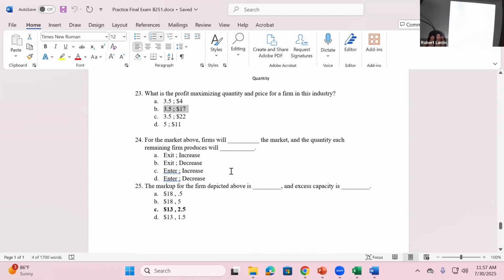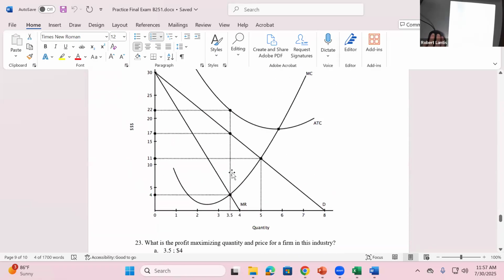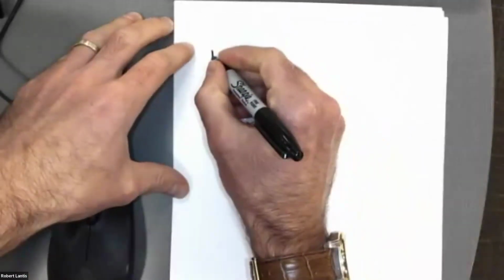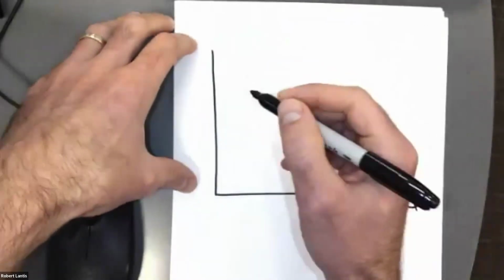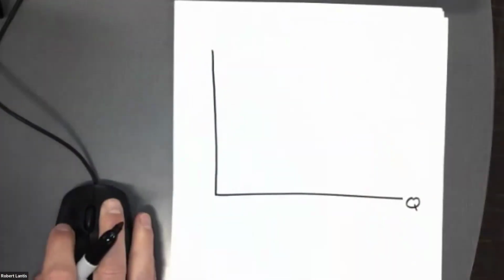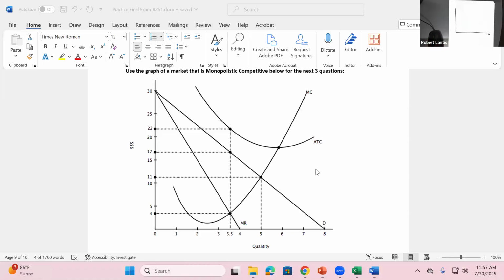Now, let's say I gave you this same graph, but I asked you what the profit maximizing quantity for the firm was. And first of all, if I asked you, is this market in the long or the short run? How would I know if it's in the long or short run?